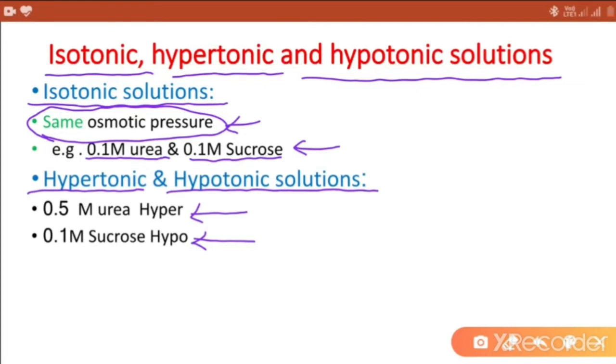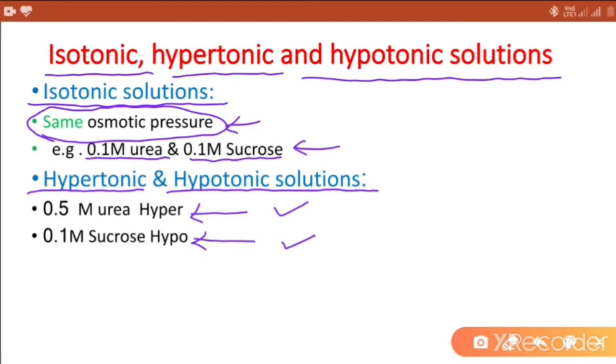In these two examples, the concentration of urea is more than the concentration of sucrose. So, with respect to sucrose, urea acts as a hypertonic solution, and with respect to urea, 0.1 molar sucrose acts as a hypotonic solution.